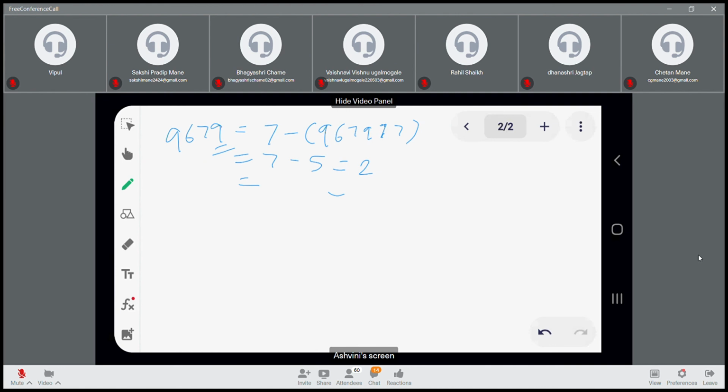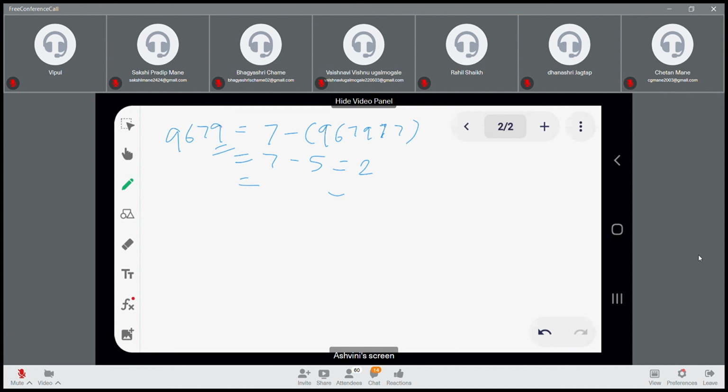Your answer is 2, no? So after 9, in 2 positions, 0 and 1. So after applying the second hash function for 9679, you will get index 1, and that is also not empty. That means by using this second hash function also, there is no place in your table for 1989 and 9679.